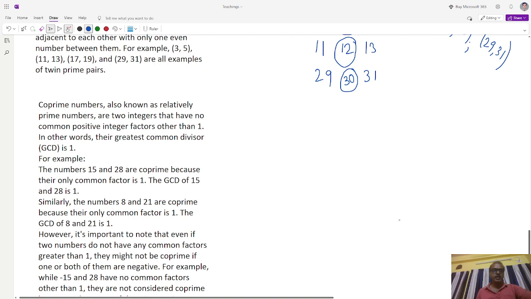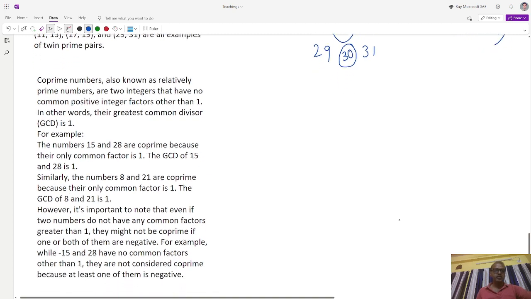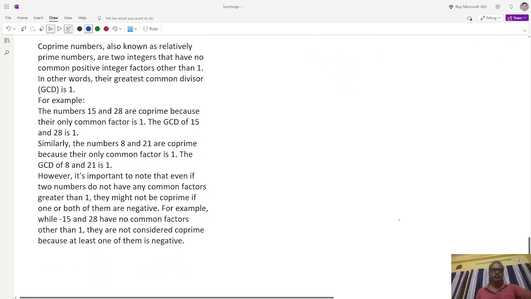Similarly, the numbers 8 and 21 are coprime because their only common factor is 1. The greatest common divisor of 8 and 21 is 1. However, it is important to note that even if two numbers do not have any common factors greater than 1, they might not be coprime if one or both of them are negative. For example, while minus 15 and 28 have no common factors other than 1, they are not considered coprime because at least one of them is negative, right?